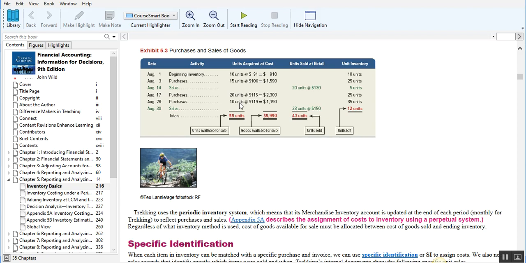So we're going to work backwards to calculate what those are because on first in, first out, the cost of goods sold is associated with these earlier purchases. Here, you're going to take the 10 units at $119, and then you'll have 2 units at $115 to get the ending inventory.